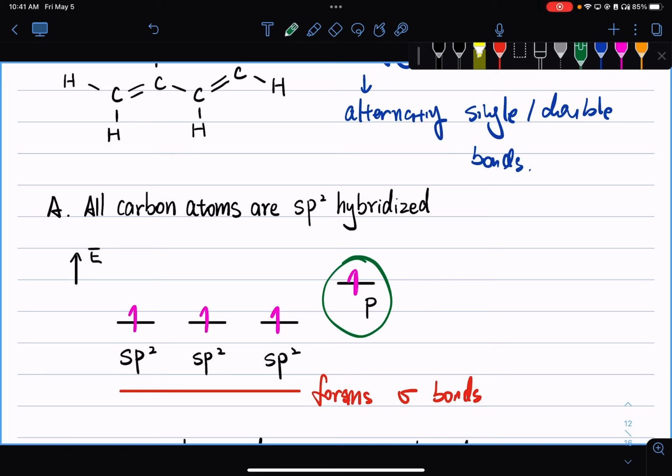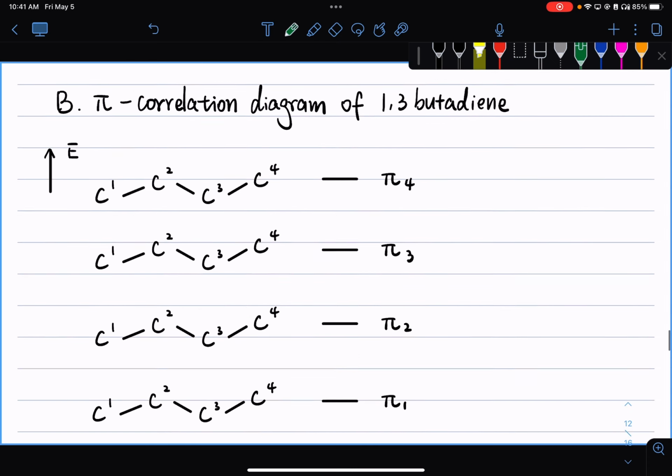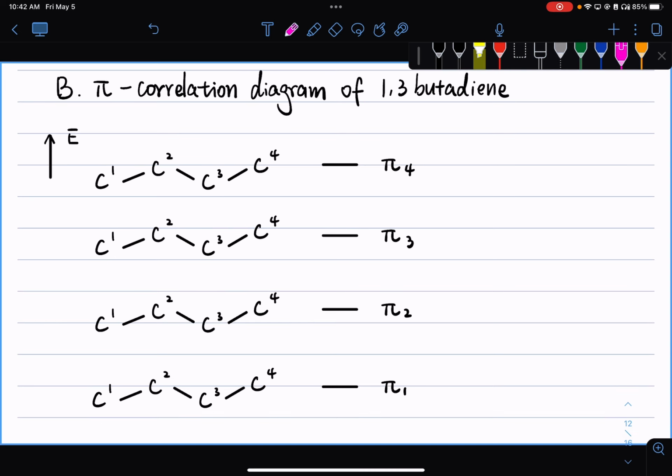And the way to draw it, here is a skeleton. I didn't show any of the hydrogens because hydrogens are not involved in making these pi correlation diagrams. Now let's just think about it. We have four total molecular orbitals. How do we draw them? Here is the logic. The lowest energy one will have zero nodes.